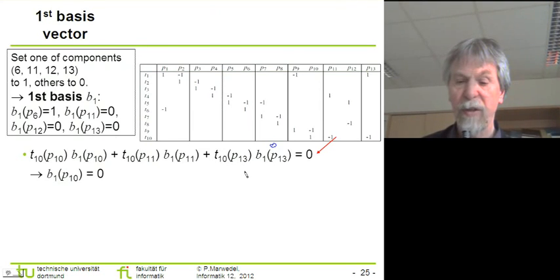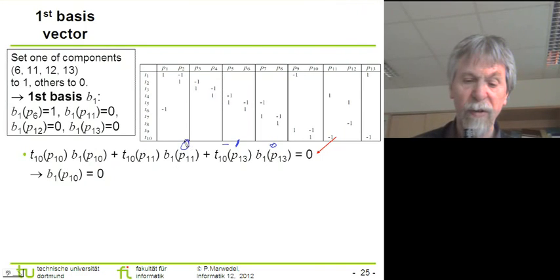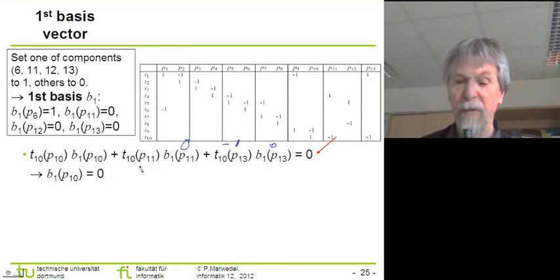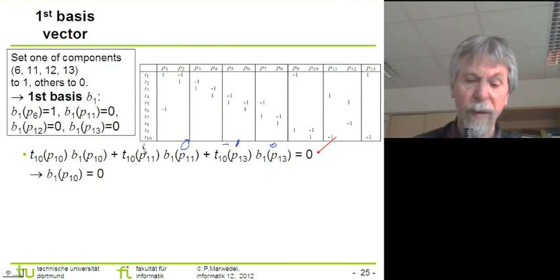Then we have T10 of P13, which is a -1. Then we have B1 of P11, that is initially set to 0 as well. And then we have T10 of P11, so that's the entry over here, that's a 1.